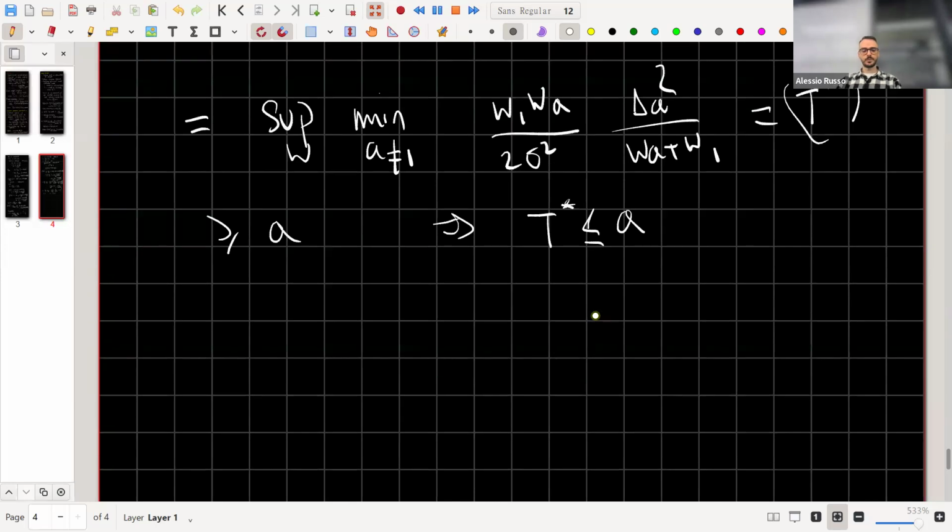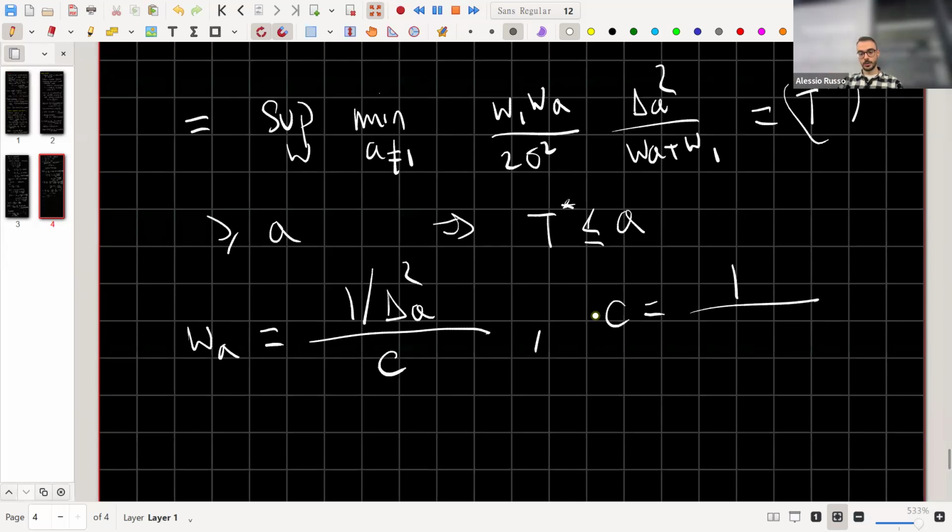And what we can choose is WA equal to 1 over delta A squared divided by a constant. And here this constant is the one that normalizes the WA, equal to the sum over A different from 1 of 1 over delta A squared.